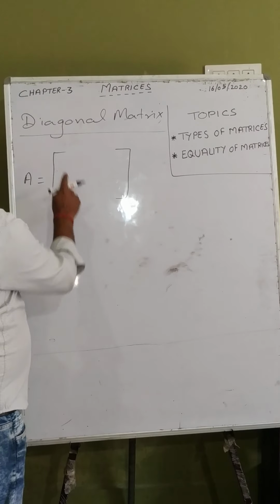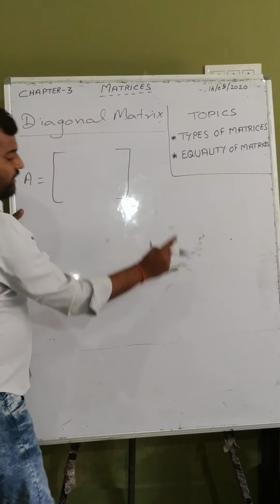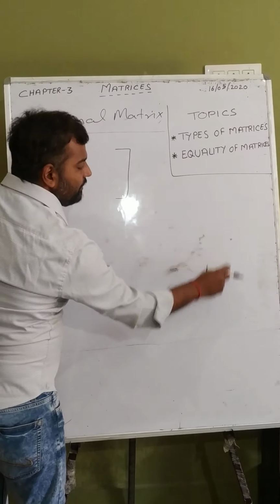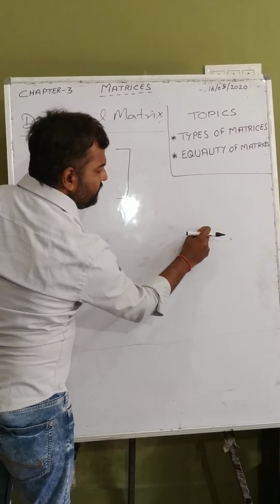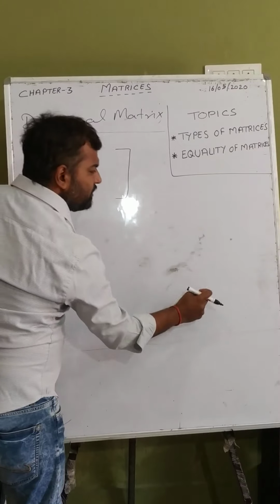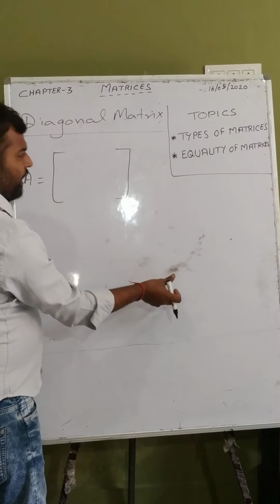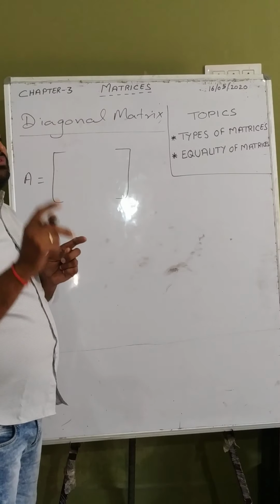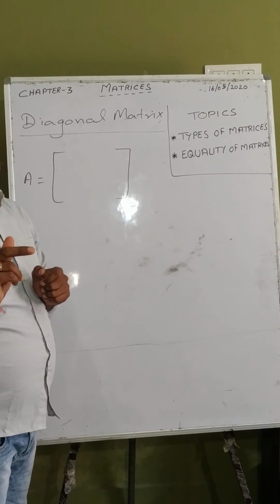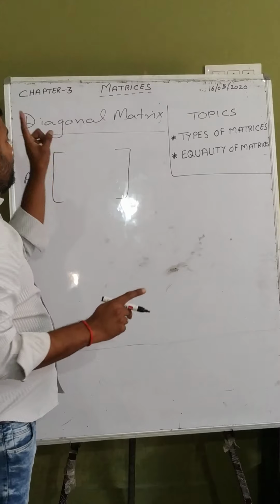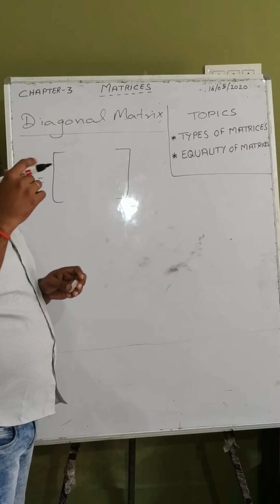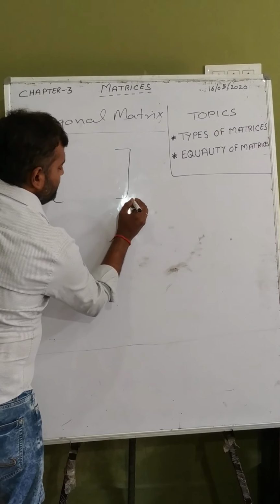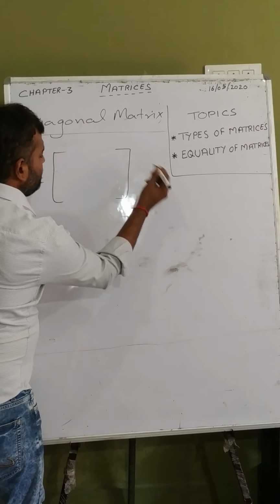Be very careful here. Diagonal elements are available in every matrix, in the square matrix and in the non-square matrix. But while talking about the diagonal matrix, the definition is for those square matrices for which the elements other than the diagonal elements are zero. First of all, let us consider the general form.